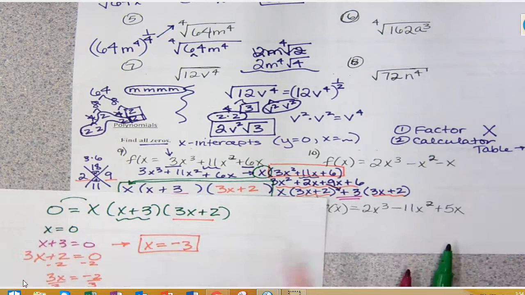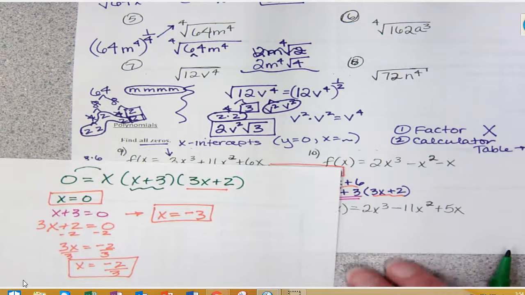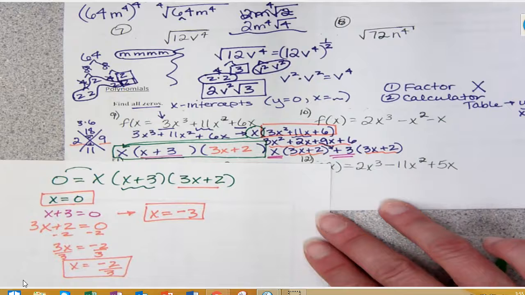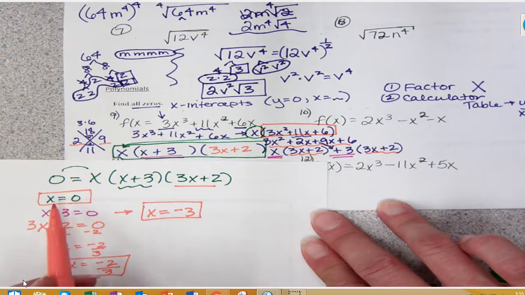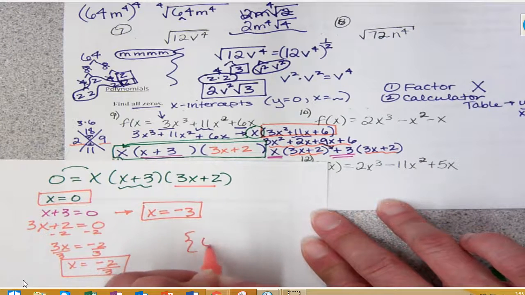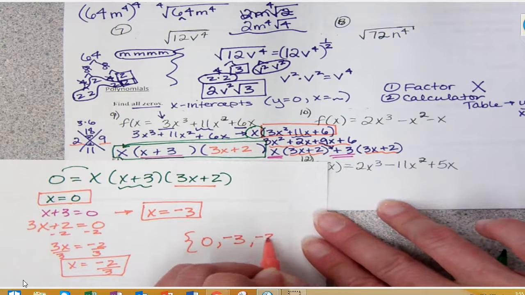And this one is already done. There you go. Hopefully you could see that. And hopefully you guys didn't really need to see that. So my 3 answers are 0, negative 3, and negative 2/3.